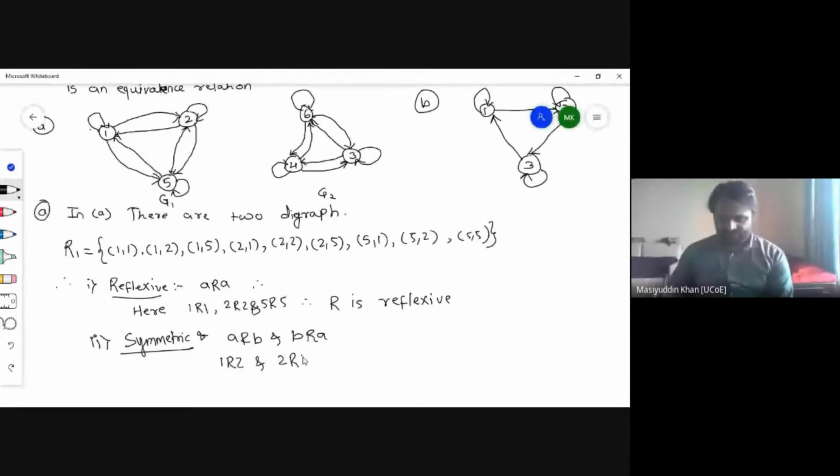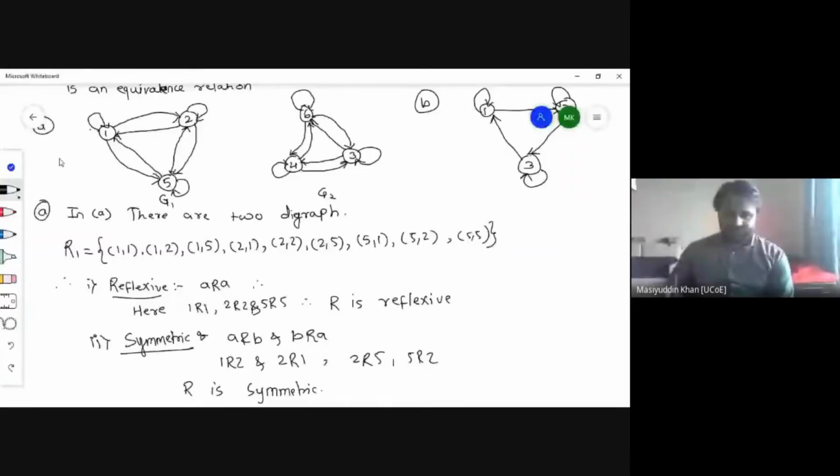Similarly, 2 related to 5 and 5 related to 2. Symmetric is also present, so R is symmetric.